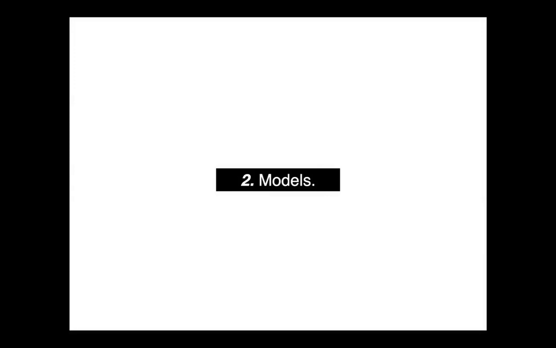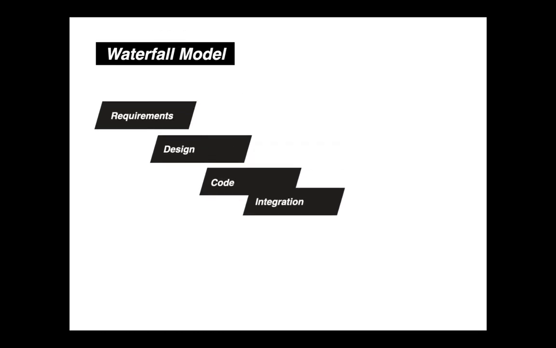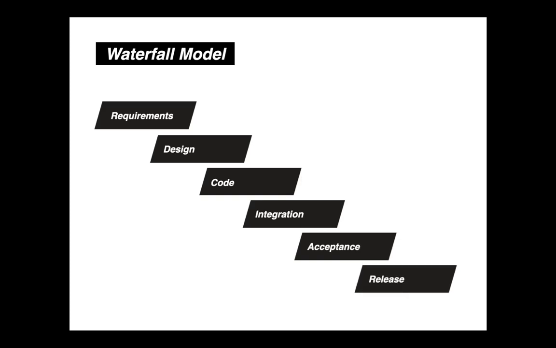So first of all, we'll look at models. The first model we'll look at is the waterfall design model, which is as follows. You'll start first with the requirements. So what are the requirements that I need to achieve during the design process? Then you'll do the designs, and from there on, the designs will follow through into the code.